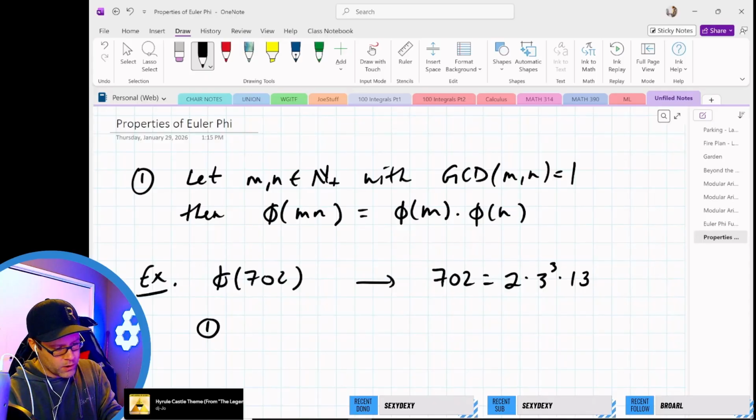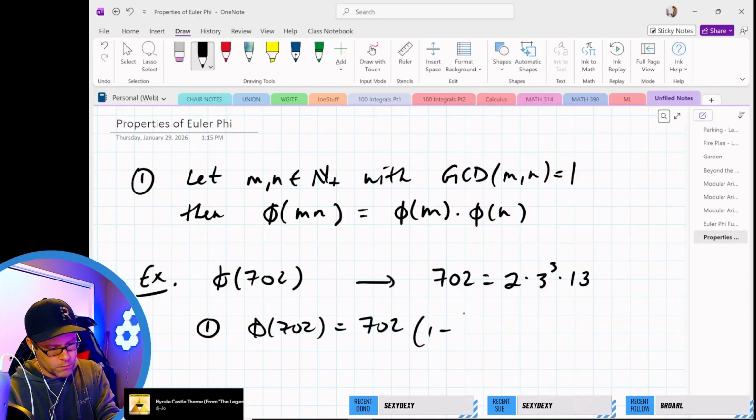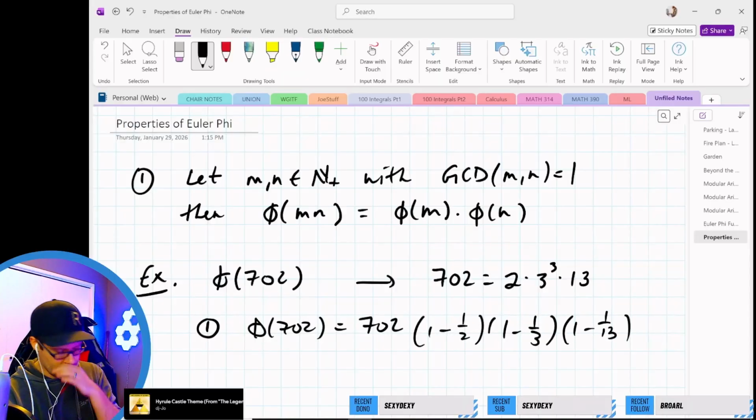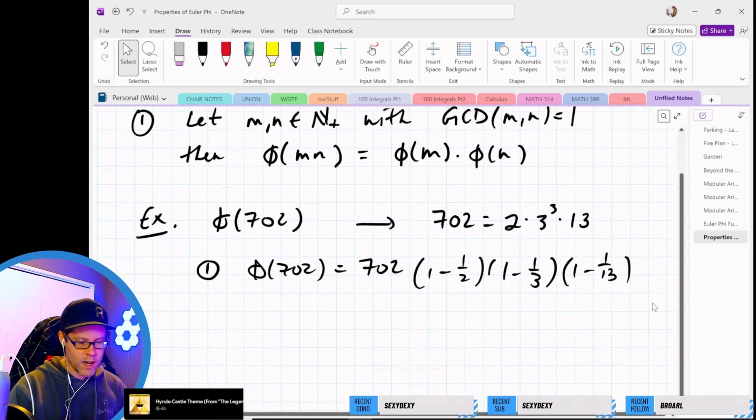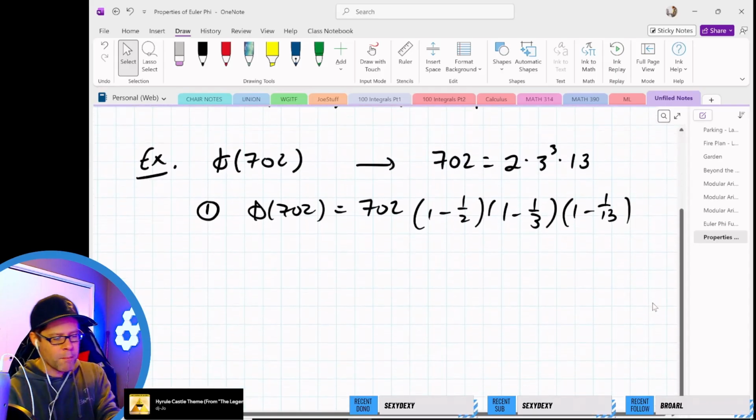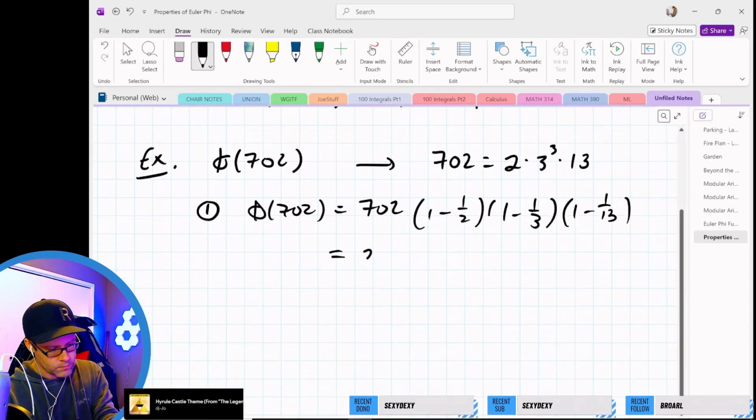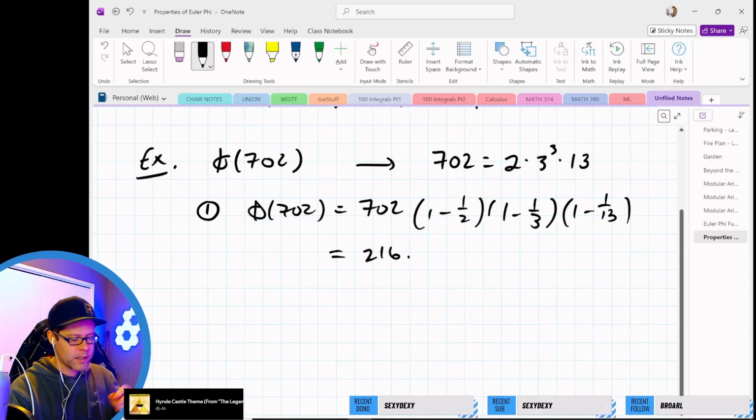And so way one, we just straight up said phi of 702 is equal to 702 times 1 minus a half times 1 minus a third times 1 minus a 13th. So this was a straight up way using prime power factorization, and we ended up with the number 216.